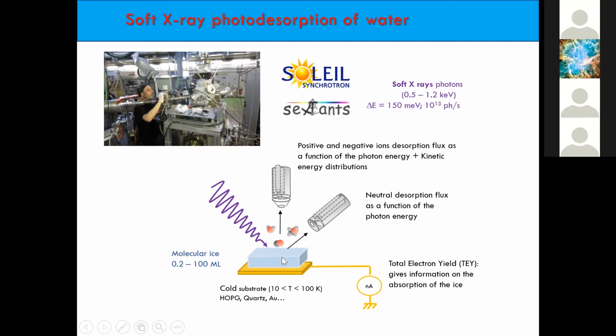Because during irradiation there is a loss of electrons, it induces a current that we can measure, what we call the total electron yield. This current gives you an idea about the photon absorption by the ice. So we can measure this simultaneously.